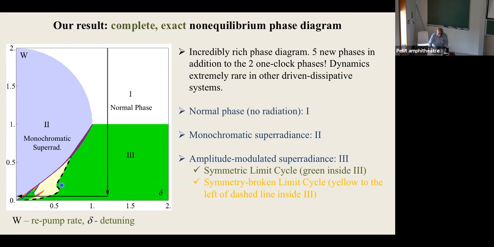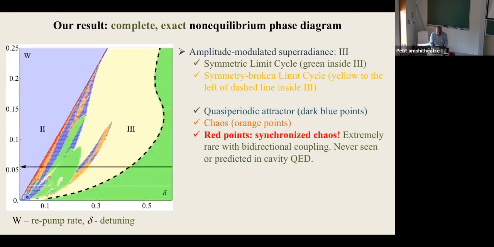Then along this dashed line, there is a transition from symmetric to asymmetric limit cycle. Now let's blow up this region near the origin and go along this other line. So there is an island of symmetric limit cycle here, which is actually different from the symmetric limit cycle here, but let's start in this island.